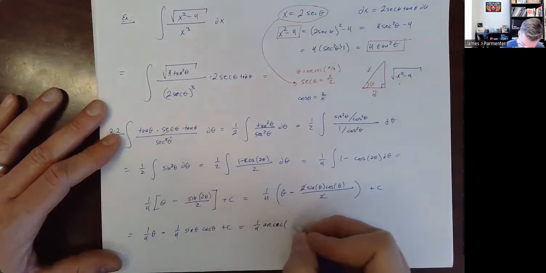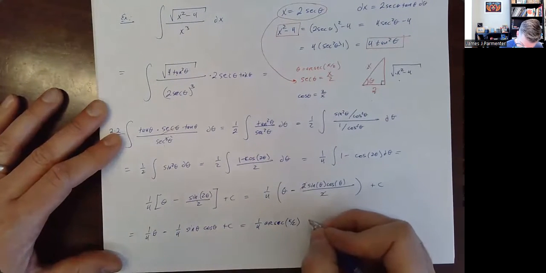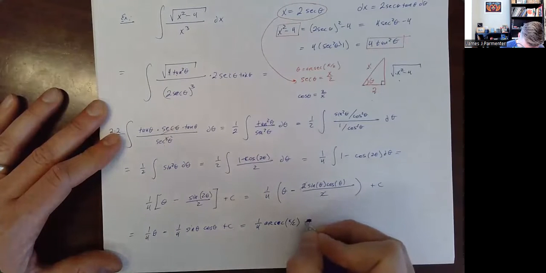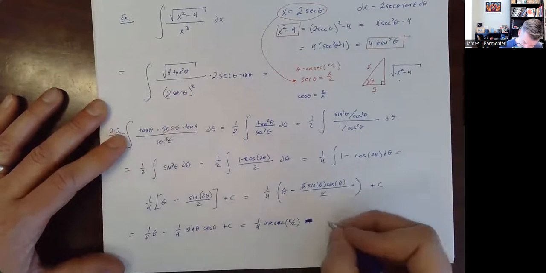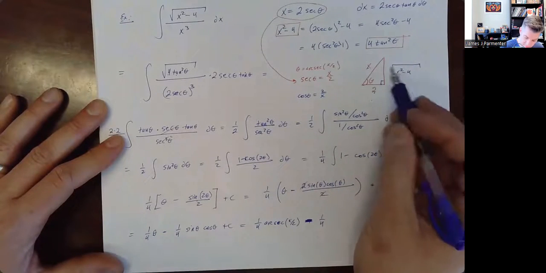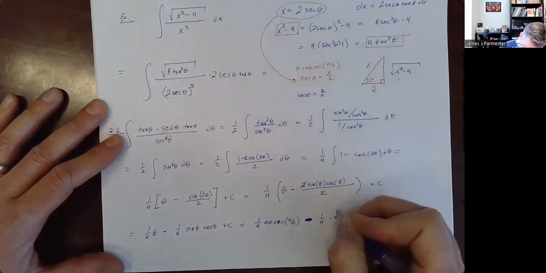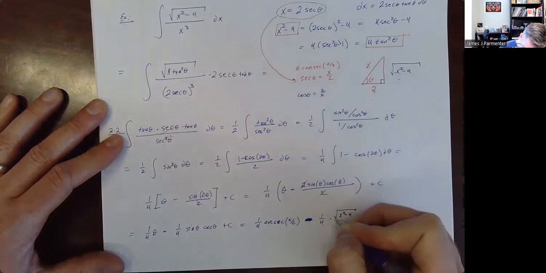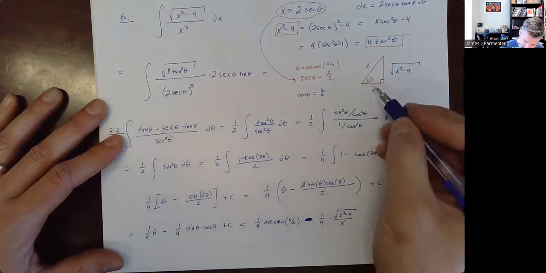I just use the arc function. I like it better. It's the same function, different name. And then, oh, sorry, minus, I should use white out there, but whatever. Minus 1/4 sine of theta is square root of x squared minus 4 over x. And cosine of theta is 2 over x.